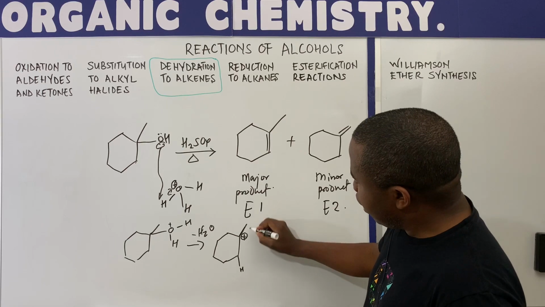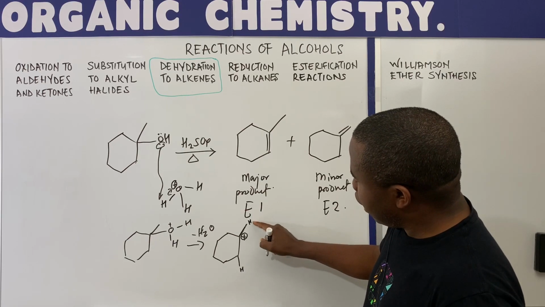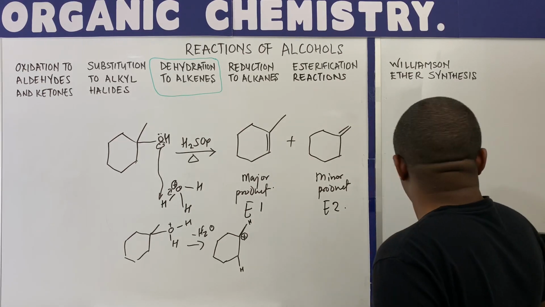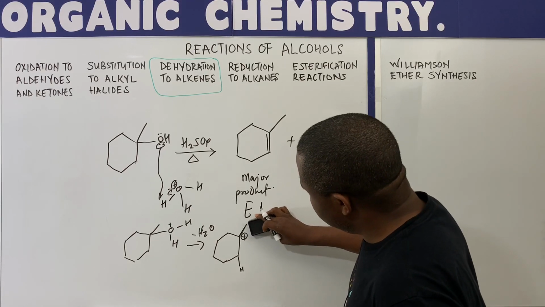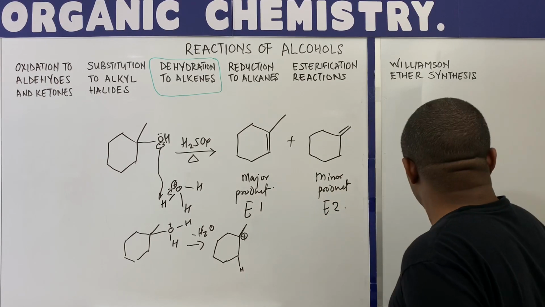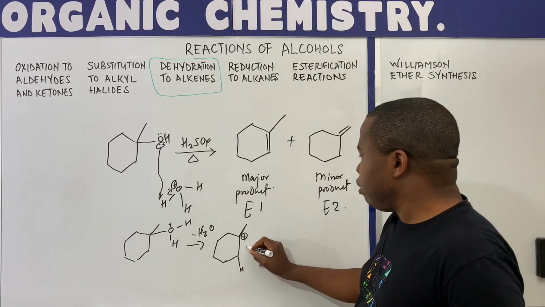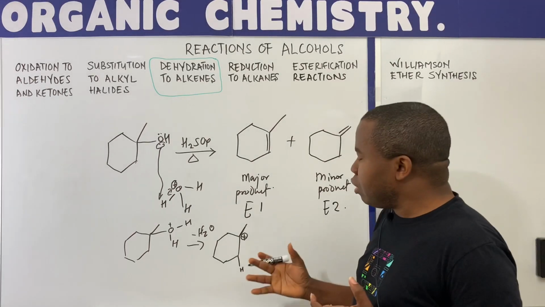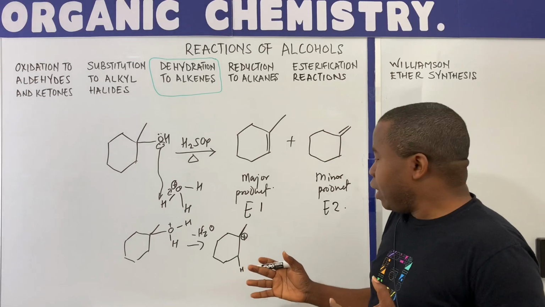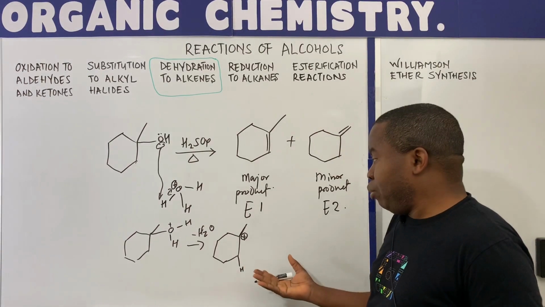We have the option of removing this hydrogen or this hydrogen, but the most stable product is going to be formed from the route that is most stable, basically.